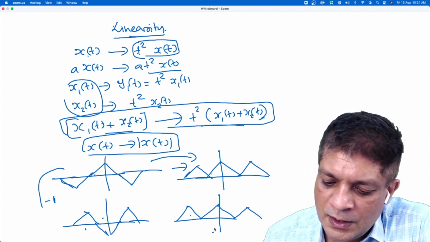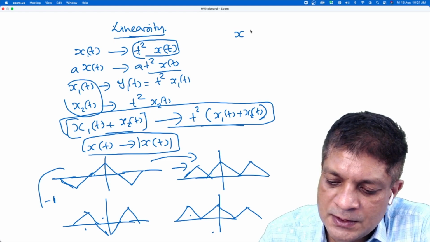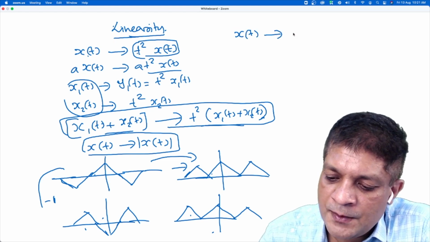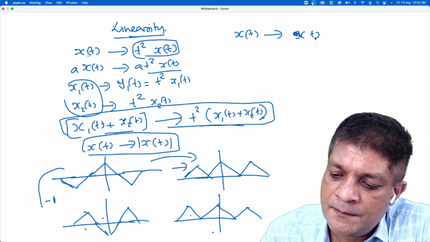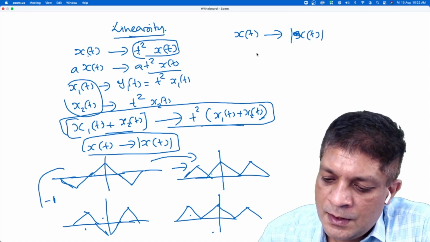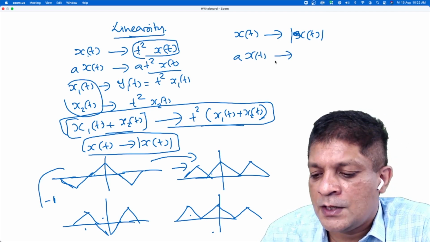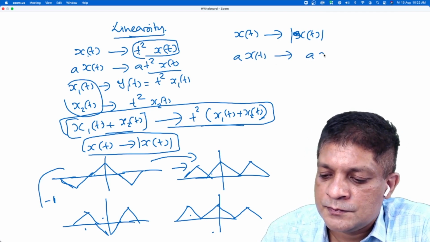No, sir. And we can verify it mathematically also. If x(t) is the input, this is the system, mod x(t). Now, if a times x(t) is the input, what will be the output? Is it this?